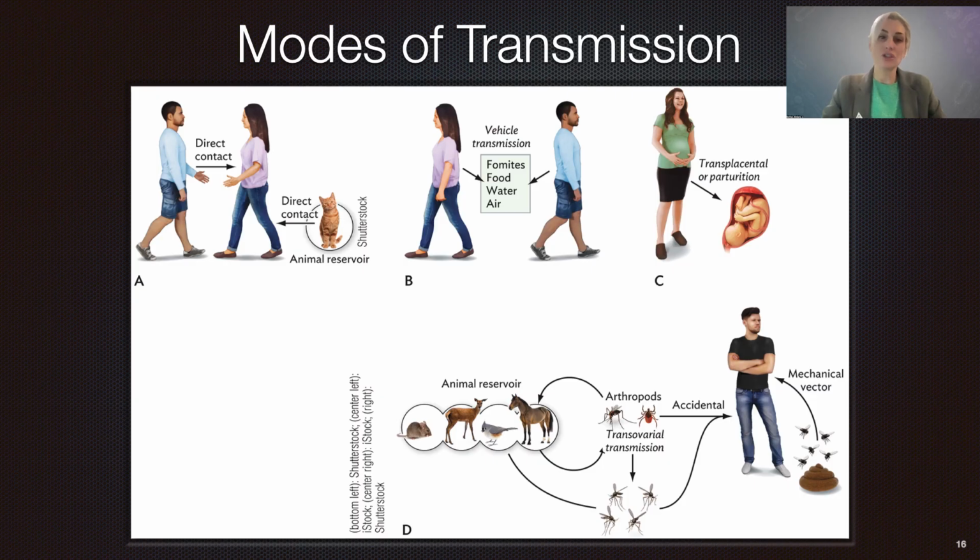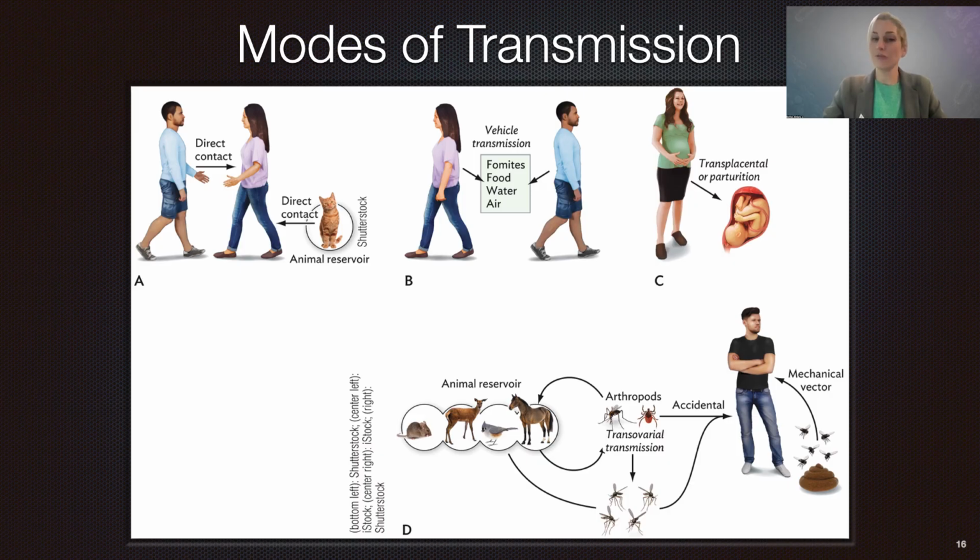Looking at transmission of disease, there are many modes of transmission of different microorganisms, and this happens because of their tissue types, the tropism of what they're interested in. Here we can see direct contact, so physical contact, whether that's human to human or human to animal. In image B, we see vehicle transmission.